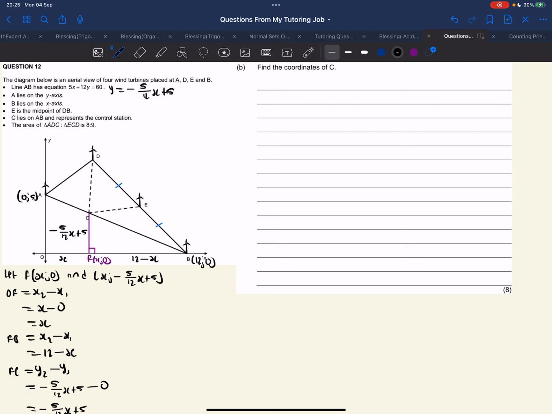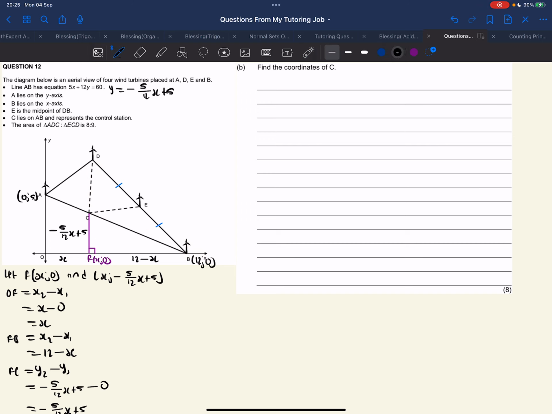We're going to need to first find the ratio of the area of triangle ADC and the area of triangle DCB. All right, so we're going to need to find the area of triangle ADC and the area of triangle DCB.